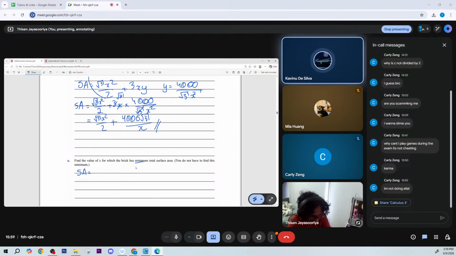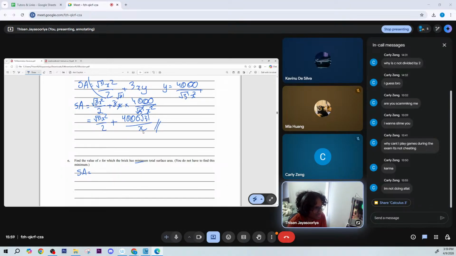So we get here root 3 x squared over 2 plus 4,000 root 3 x to the power of negative 1. Yeah. So we get into a form we can easily differentiate.